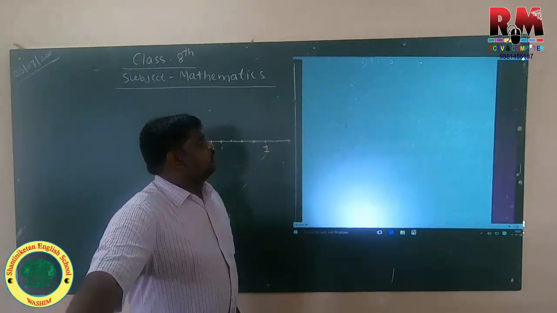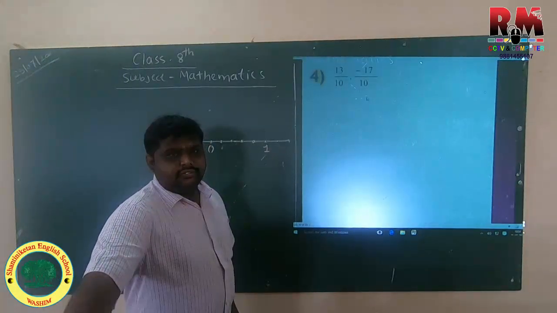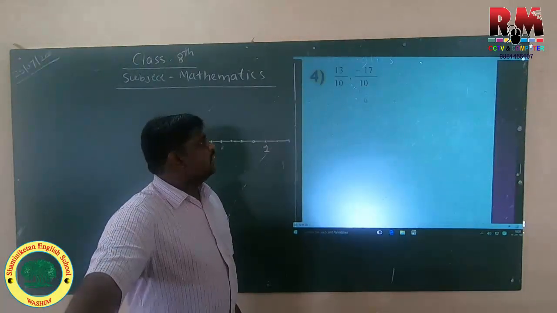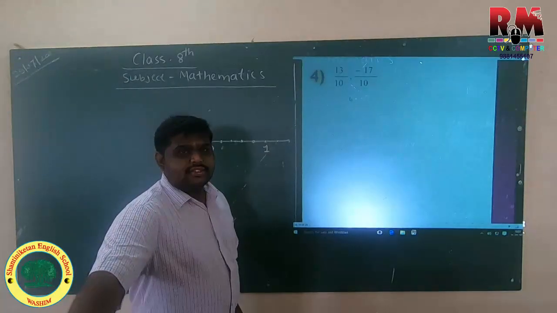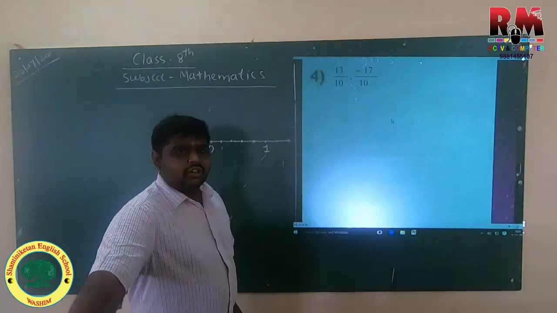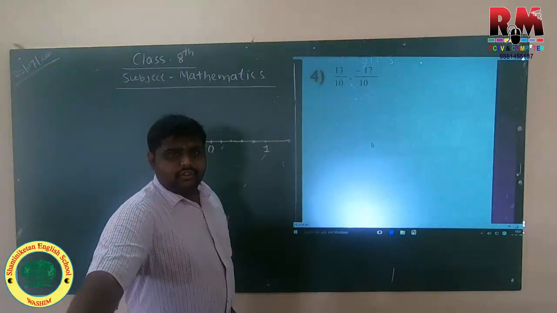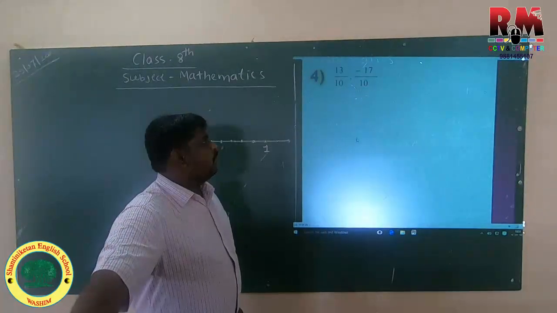So the fourth example, 13 by 10 and minus 17 by 10. This is for your homework. What are the steps? First, draw a number line. Mark 0, 1, 2, 3, 4, minus 1, minus 2, minus 3, minus 4.